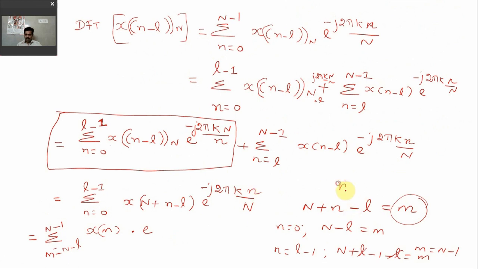From this you calculate what is n. n is equal to m plus L minus N. So you will be getting e to the power minus j 2 pi k by N into m plus L minus N. So we will go to the next slide. We will be writing what you are getting.